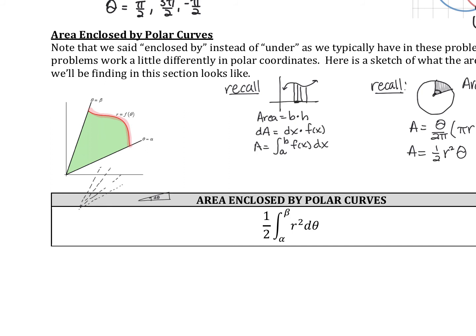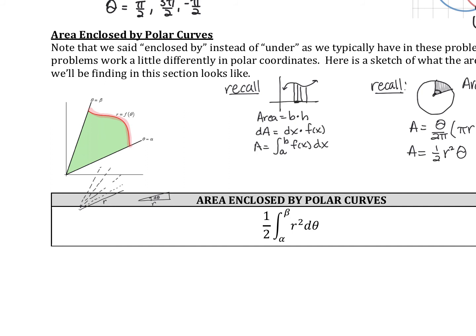Just like in our area under a curve, it's essentially a rectangle. Although we know the shape of the curve may not be square, we can create sections so small that they are essentially rectangles. We're going to do the same thing here, only we're going to create sectors. This is d theta, this is r, my radius, because this is some polar curve where this dimension here is r.